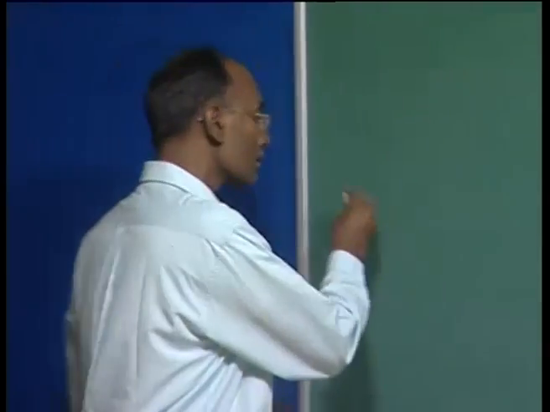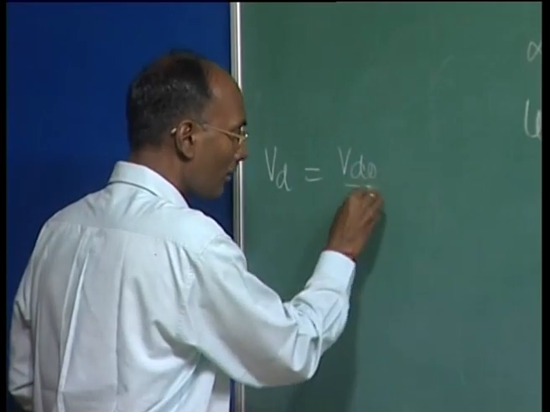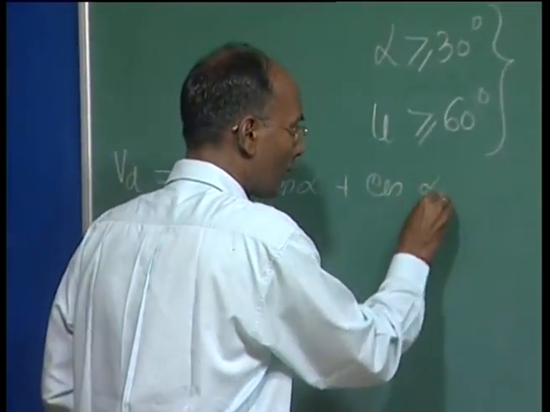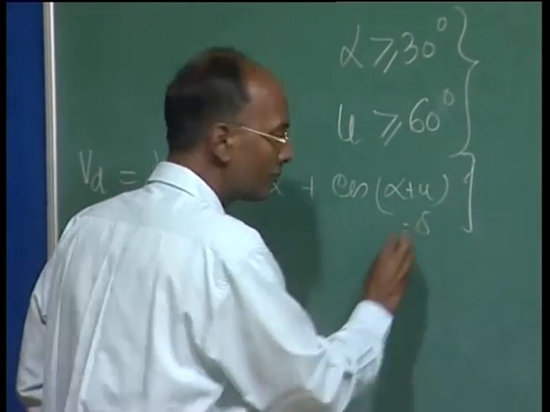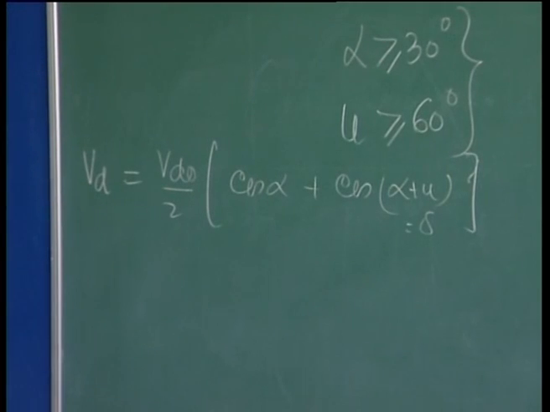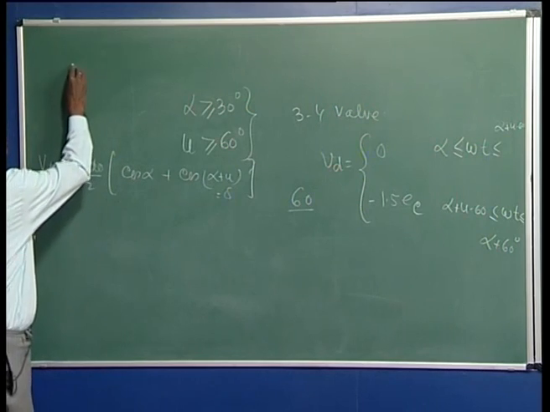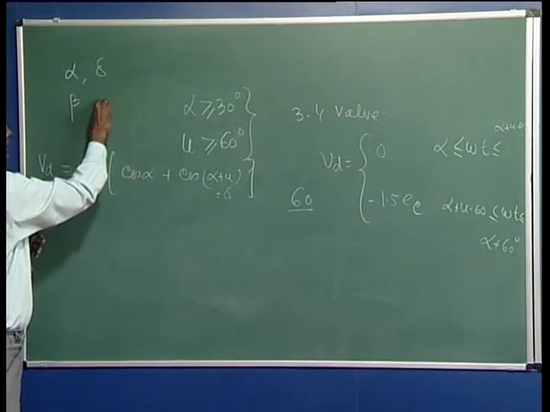If you remember, there your VD was VDO by 2 times cos alpha plus cos alpha plus u, or it is also sometimes called delta, because in the rectification mode the variables are alpha, delta, beta, gamma.